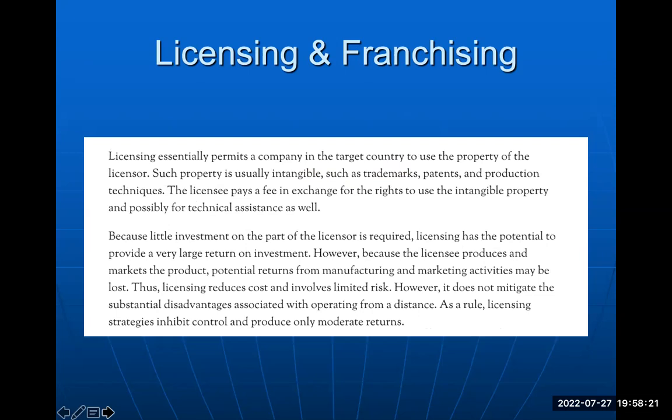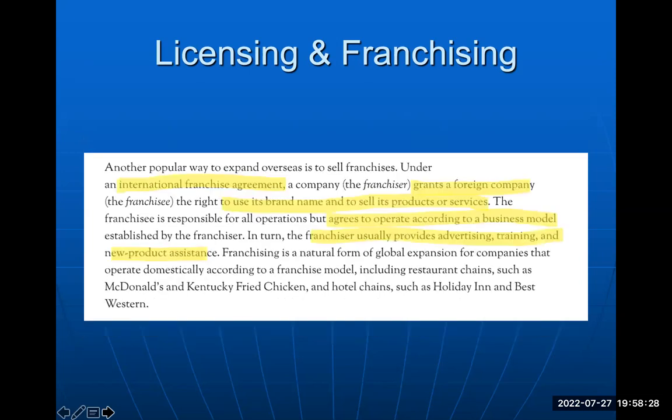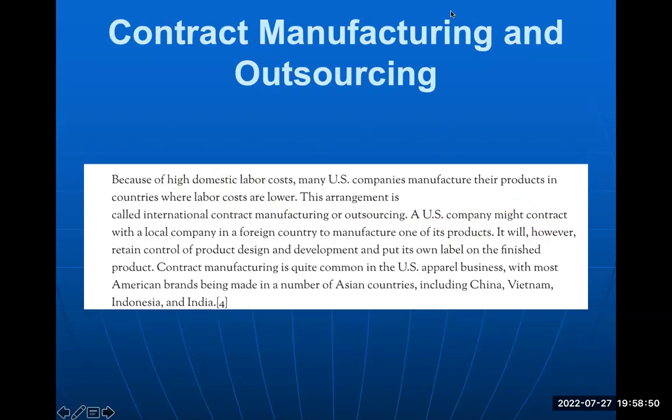Franchising is where there is an agreement between a brand name company in one country and companies in another country, and they're given permission to use the brand name. Of course, there's an agreement in terms of how they use it, and the owner also helps out with training and advertising. And of course, they share the profit. So those are three ways: export, licensing, franchising.